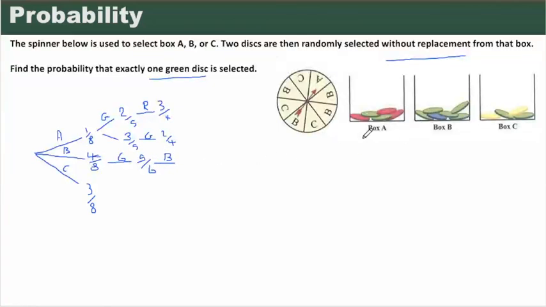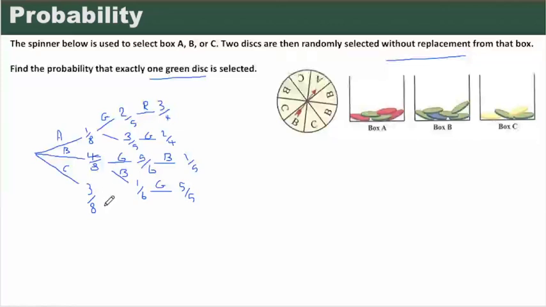And blue would be 1 over 5. What if I get the first disc as a blue disc? It would be 1 over 6. And then the next one would be exactly green, which is 5 over 5, which is 1.